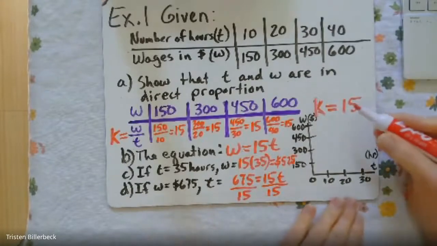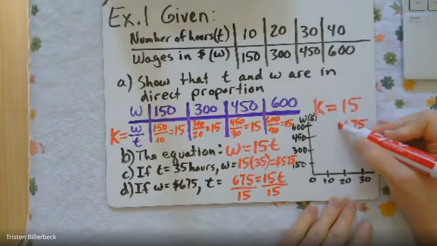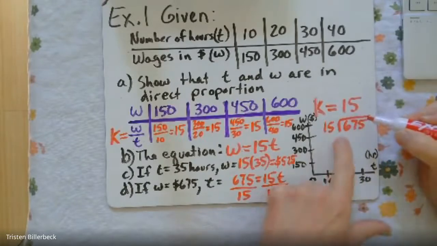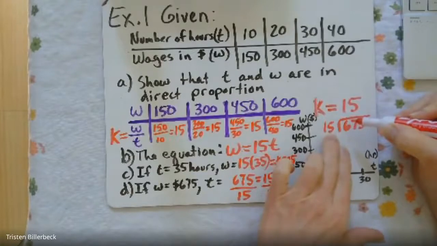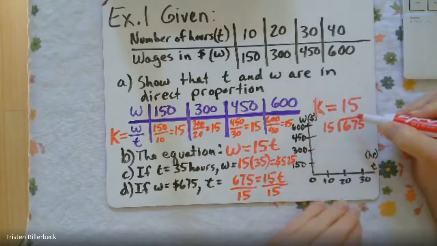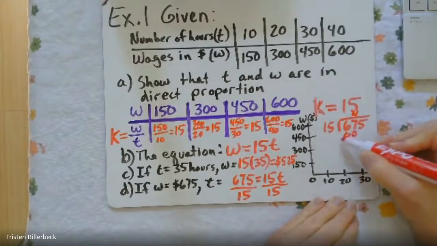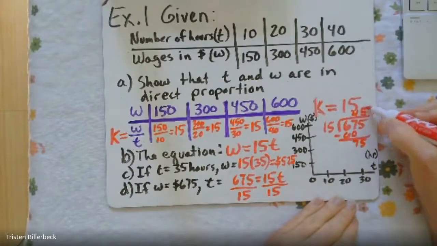Let's go back to the dry erase calculator. 675 divided by 15. How many 15s in this? 2 times 30 is 60, which is double 30, so that'd be 4. We have 60, subtract, we have 75, so that'd be 5.